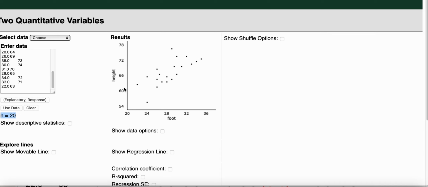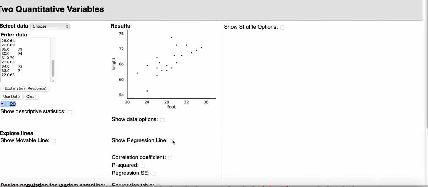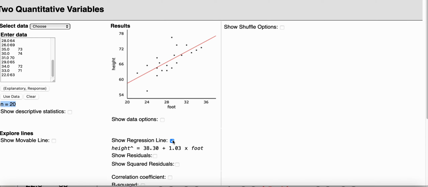Foot length is on the horizontal axis, or the x-axis. Height is here. So what I want to do is click Show Regression Line. What that does is it takes our 20 data points and does a mathematical calculation to come up with this line, this best fitting line, to minimize the distance between the dots and the line.